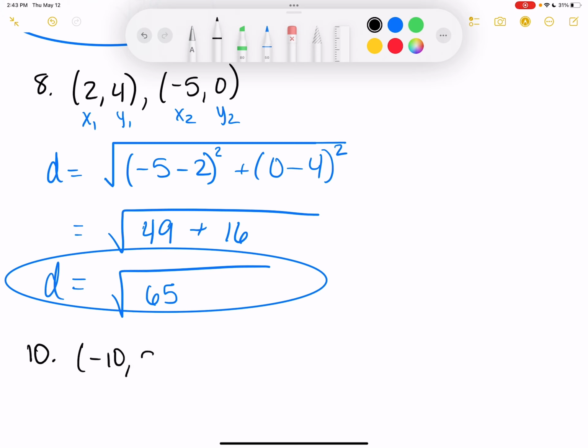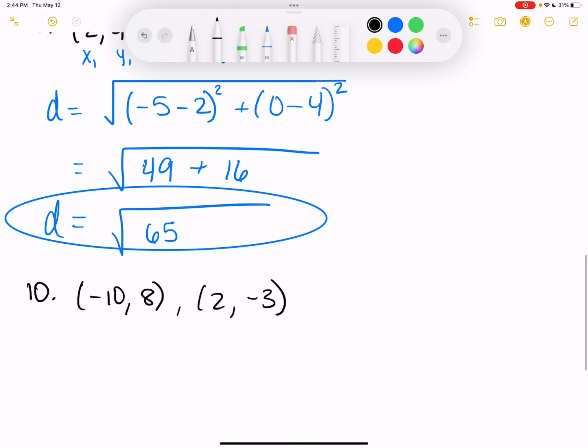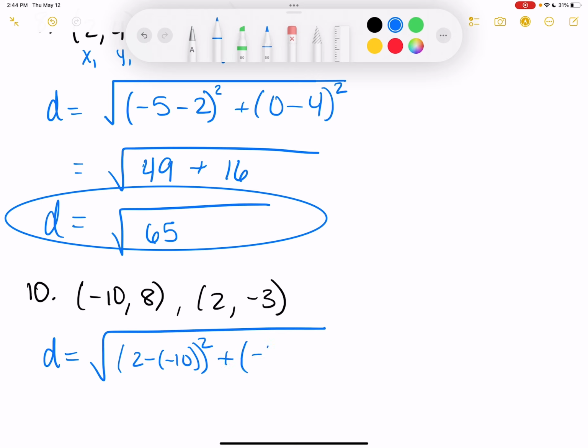Negative 10, 8, and 2, negative 3. So it's going to be 2 minus negative 10, and then negative 3 minus 8 squared. So 2 minus a negative 10 is 12. So this is going to be 12 squared plus negative 3 minus 8.